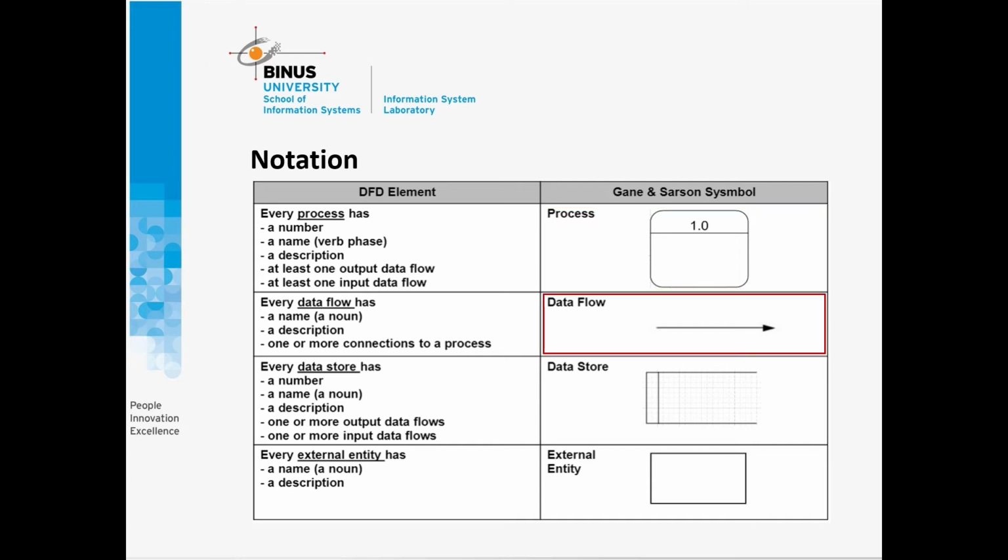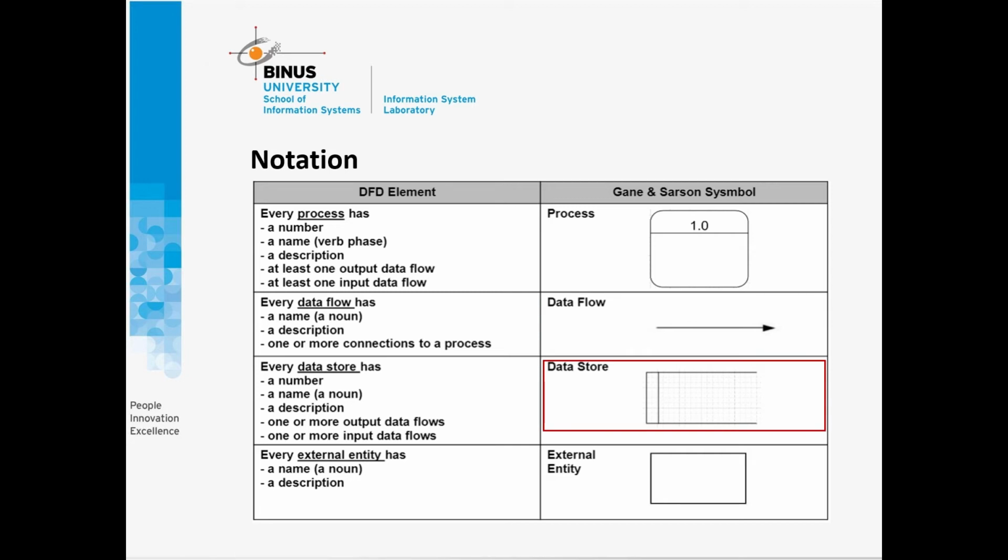Second, data flow. Data flows show what inputs go into each process and what outputs each process produces. Each process has at least one input and one output data flow. Every data flow should be named with a noun and without a verb. Usually, you can use attributes in the entity relationship diagram as information in the data flow.